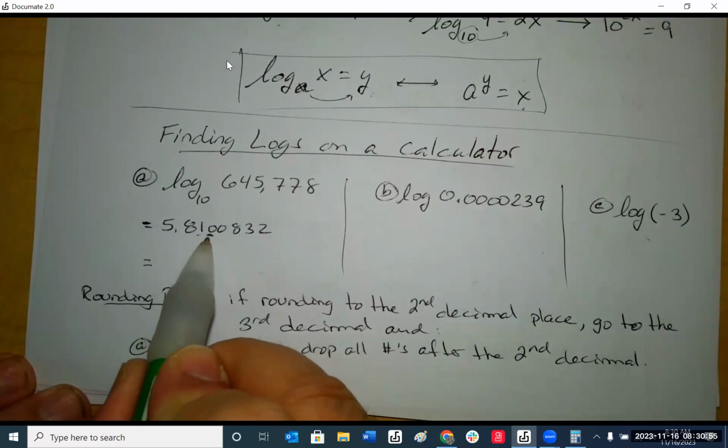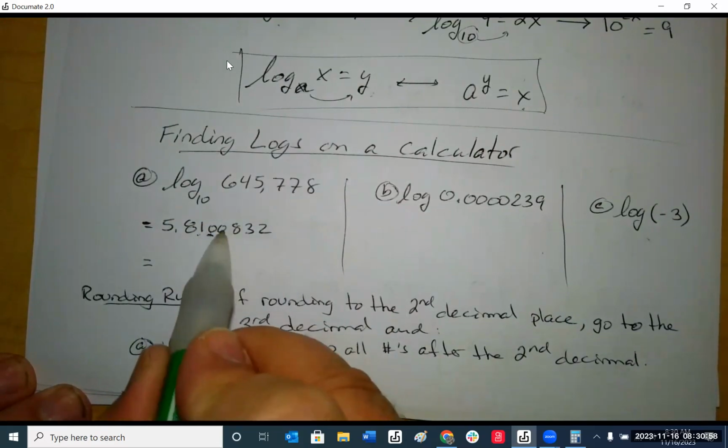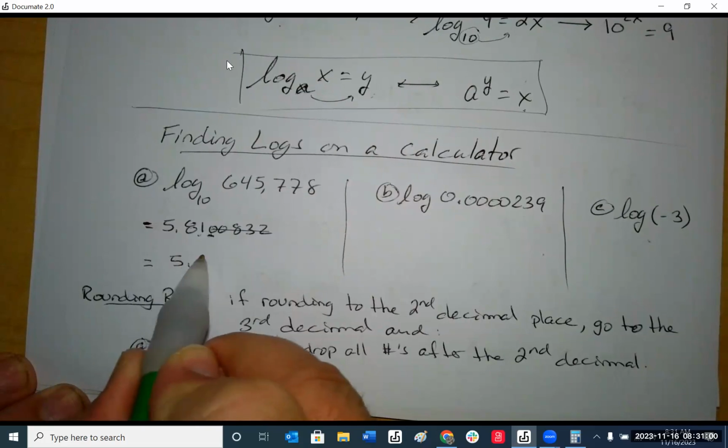Since it's 0, I just get rid of those. So my answer is 5.81.